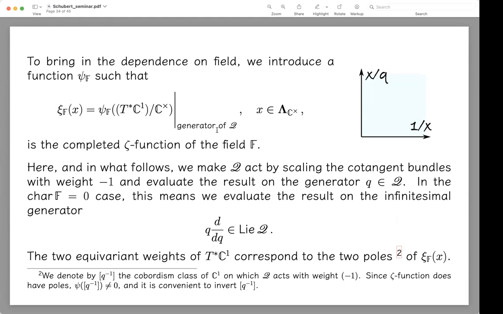Because this is T star of something, you never have to evaluate your genus of C. You will always only need to evaluate the genus of T star of C, and the genus of T star of C, we decided, is the completed zeta function of our field. There are many possible psi's that represent the same C here, but that doesn't depend on the choices you make here.